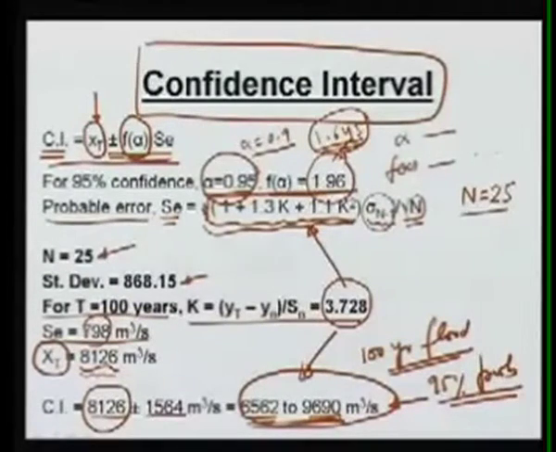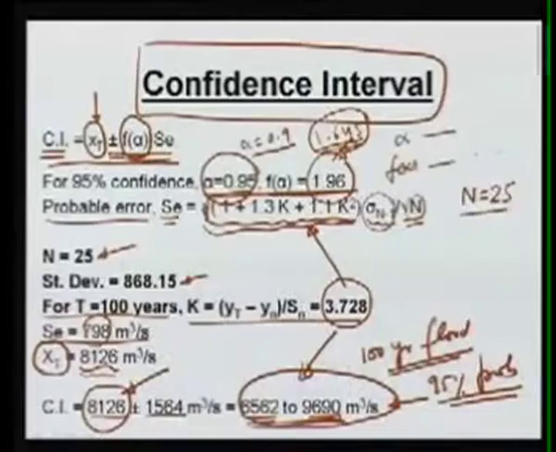So a 90% confidence interval would be smaller; again it will center on the mean 8126, but the band will be smaller. As we reduce the confidence interval, the band will get narrower and narrower, but a 95% confidence interval is typically used, and therefore in this case we can say that the design value of flood should be between these values.